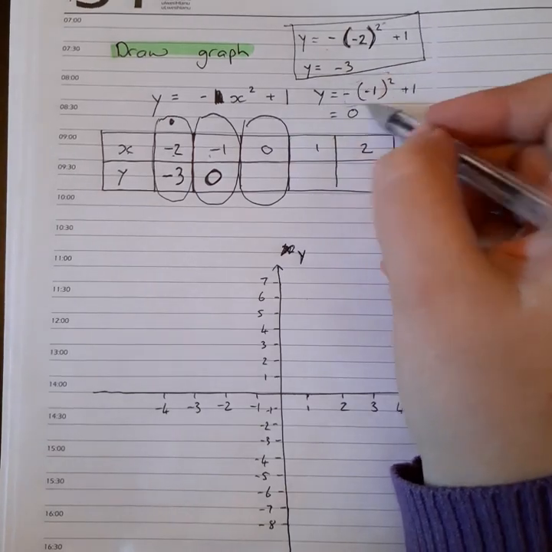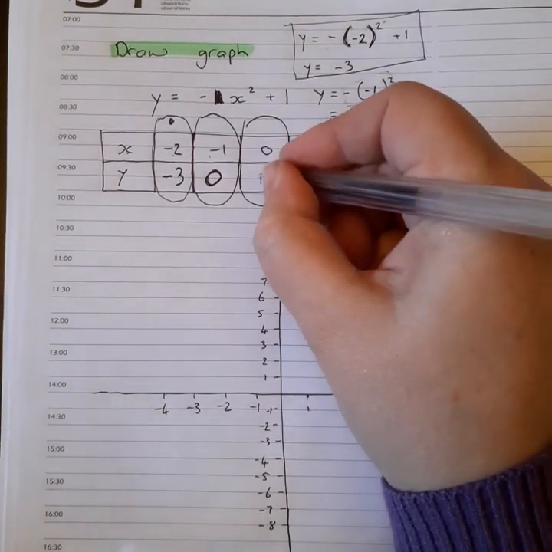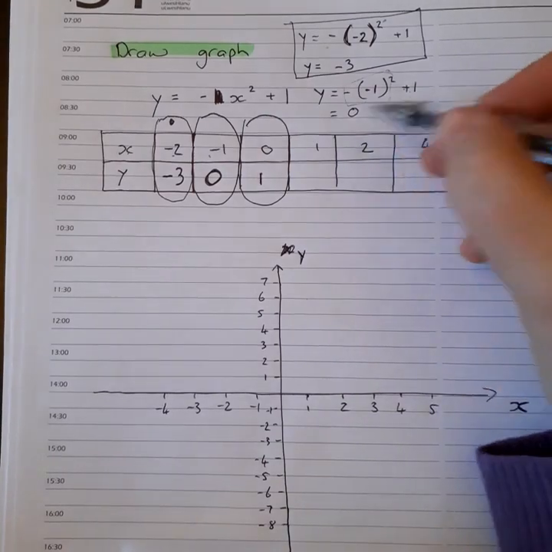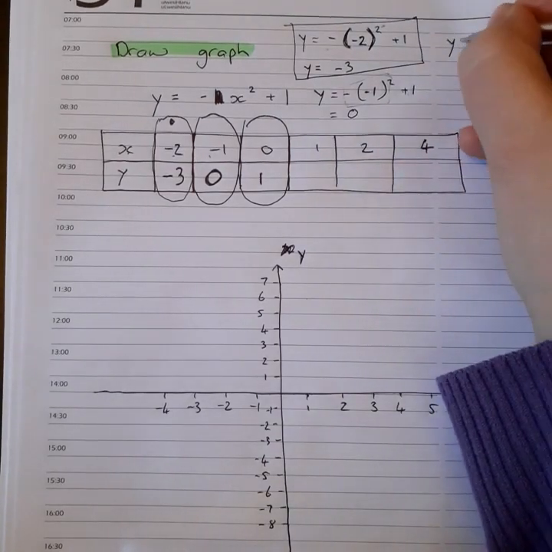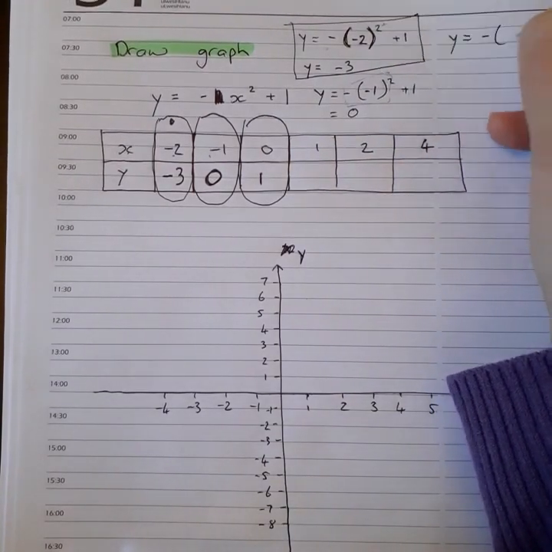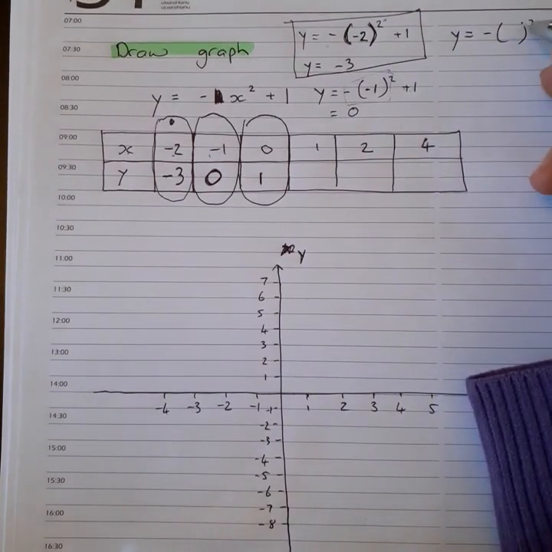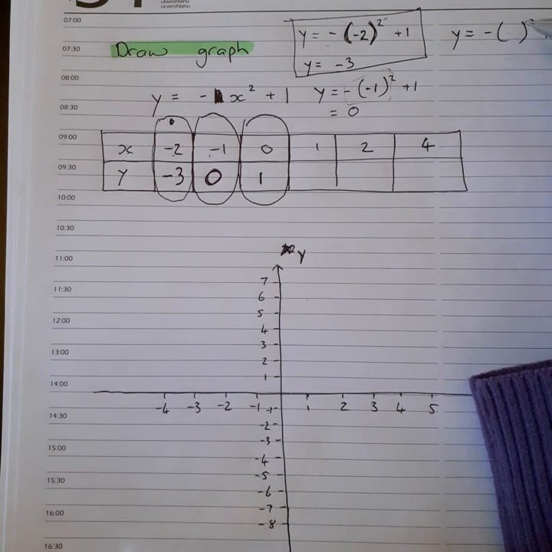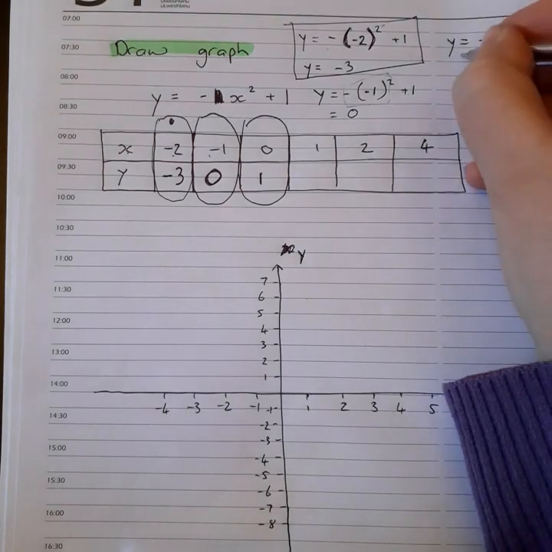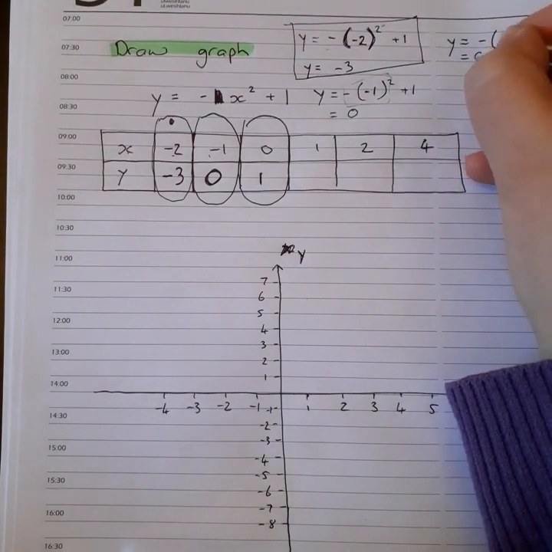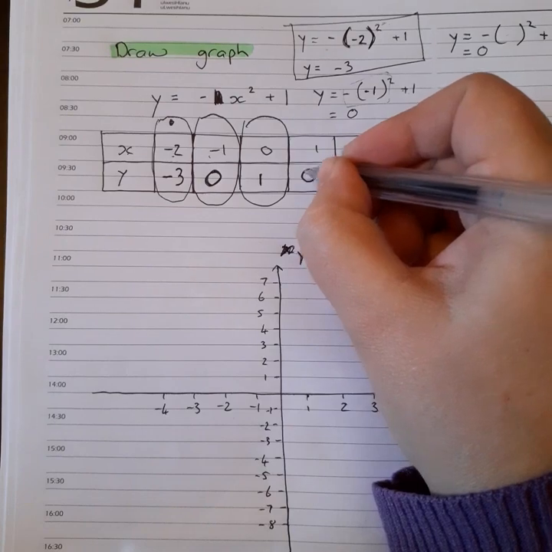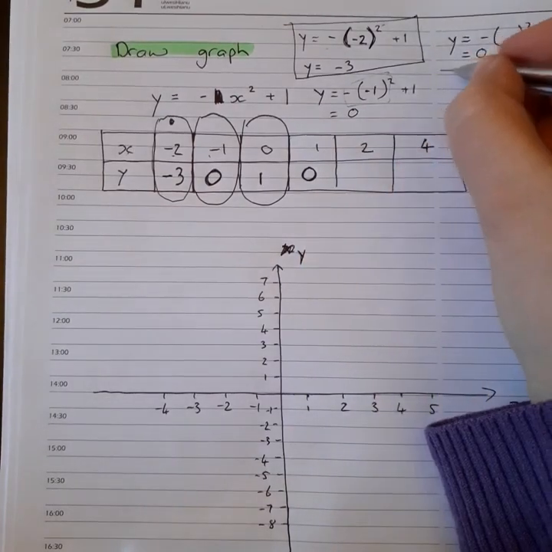So if this whole thing is 0, then it's just 1. Okay, if x is 1, so if this is 1, 1 squared is 1. Negative 1, positive 1 is 0. Okay, now x is 2.